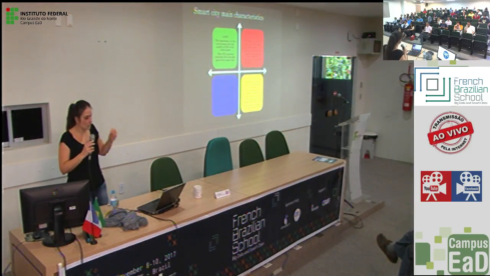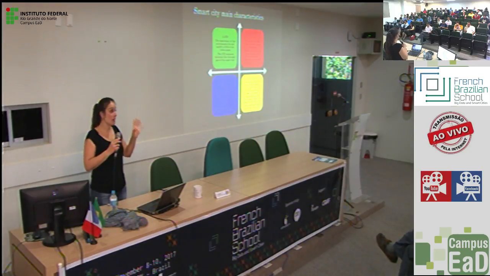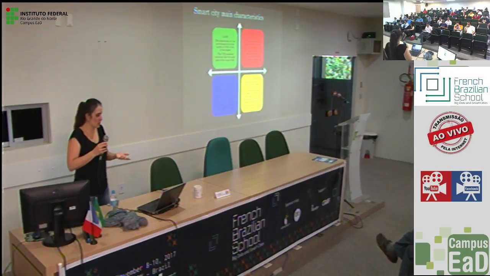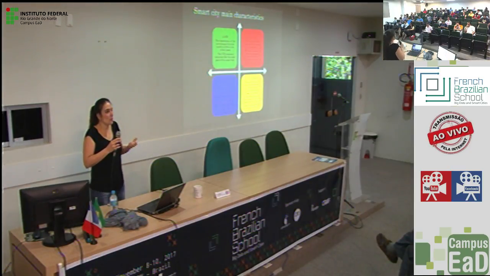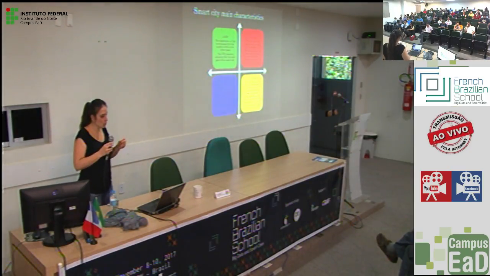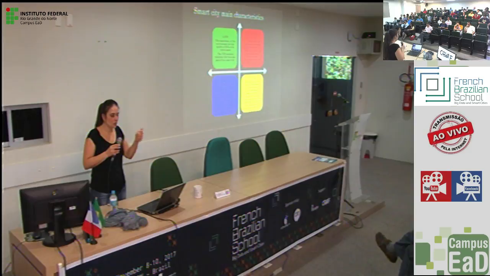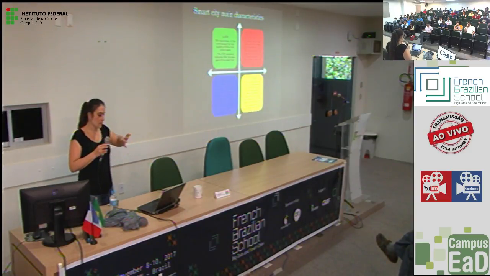Okay, so the smart city idea was born in the 90s, but only recently has it become a current topic. There are 2 main reasons for that. The use of the word smart to indicate devices like smartphones, tablets, and so on. This is the one.